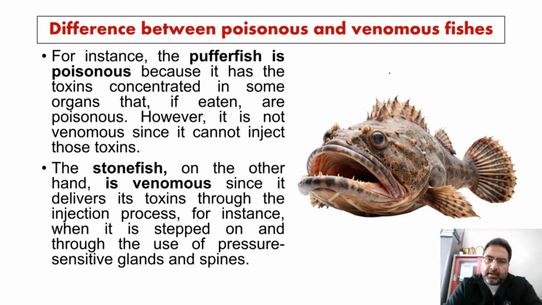And if somebody steps on this very fish, at once its spines get erect and they puncture through the skin and transfer the toxin into the body of the human being or any other creature. So the stonefish is venomous because it is able to deliver toxins through injection when it is stepped on.